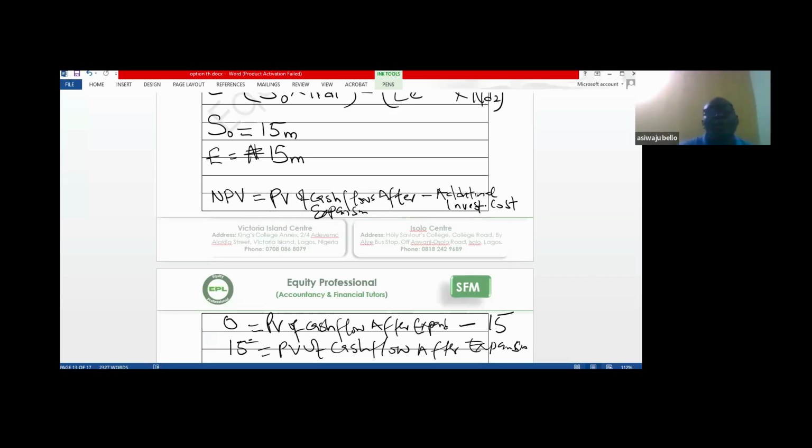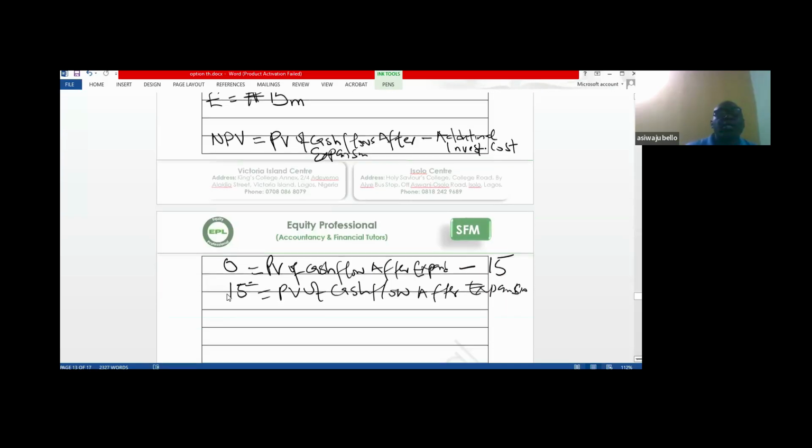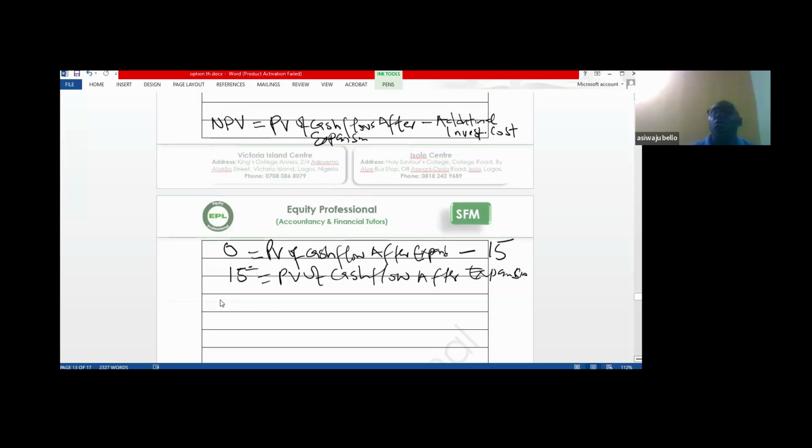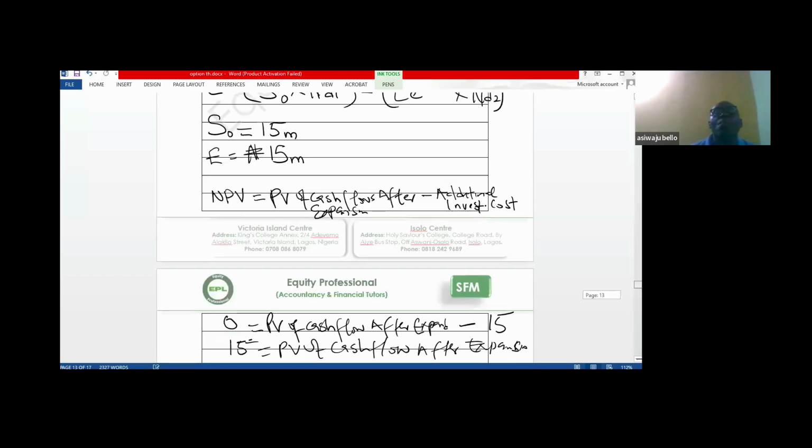Your T, year of expansion, is year 3, 3 years. It would justify 15 million additional investment at the site of the factory in 3 years' time.